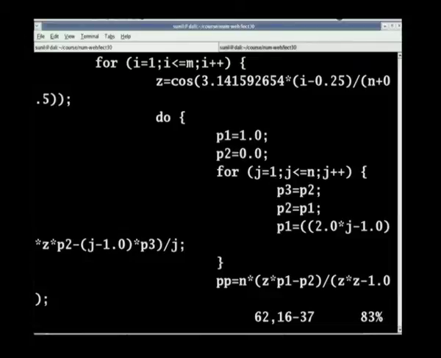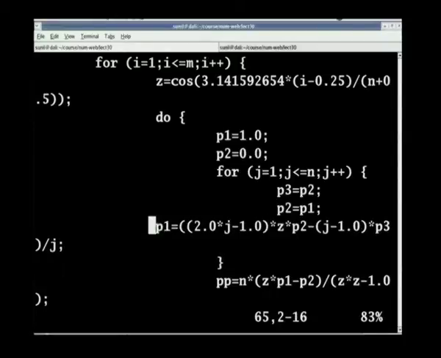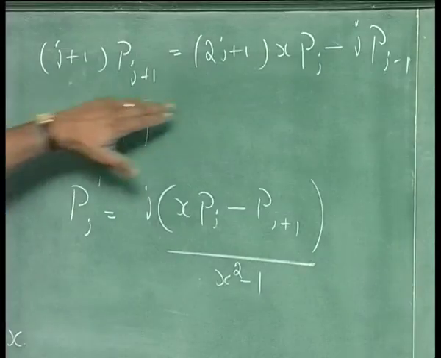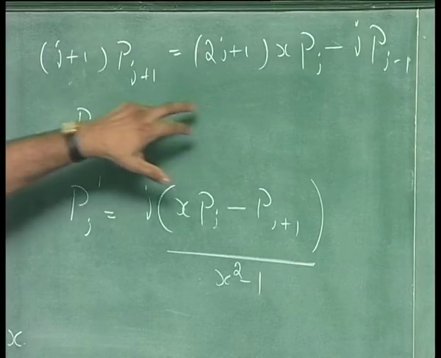That is, n points is taken as n here, and then I just use this recursion relation. So you can see the recursion relation here. Okay. So that's the recursion relation I am using. So 2 times j minus 1 into the guess value x. Okay. So I am using the recursion relation which I have written down here to compute pj plus 1 from pj.